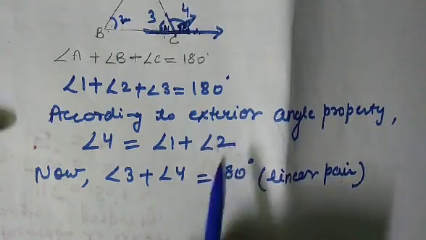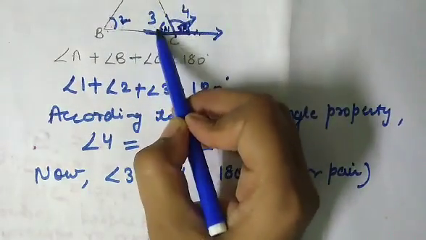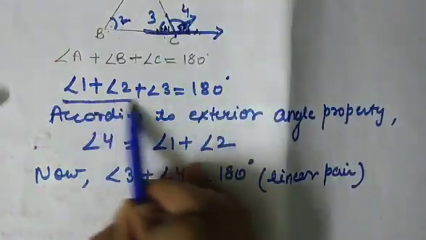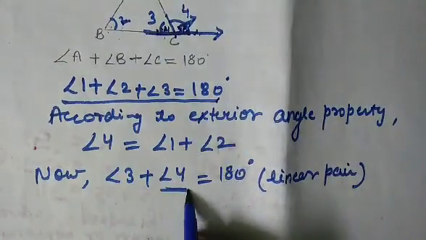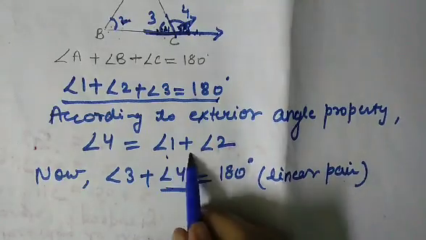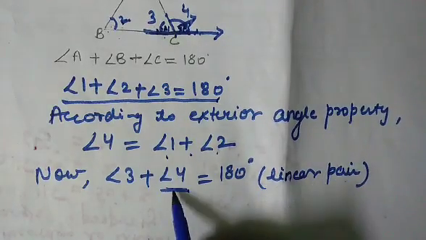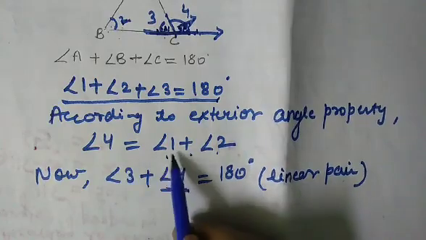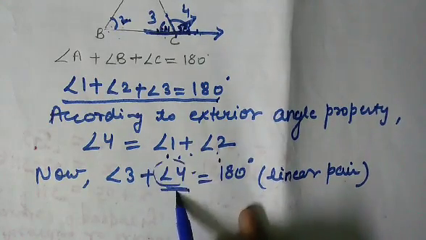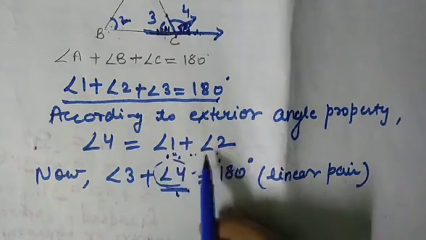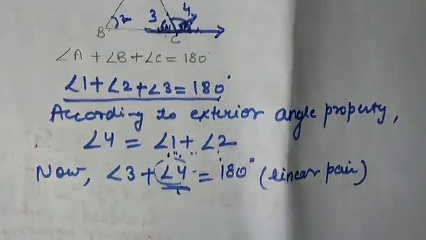Now I want angle 1, 2 and 3, because I need to prove this. So in place of 4, can I write angle 1 plus 2? Because angle 4 is equal to angle 1 plus 2. So in place of angle 4, I can write angle 1 plus 2. So same I am doing.